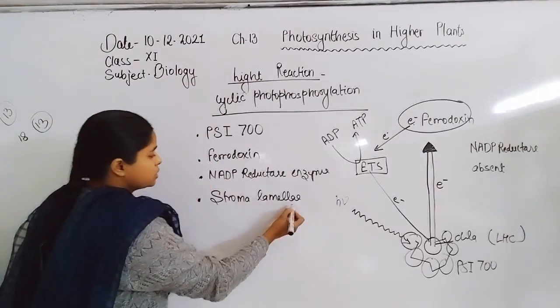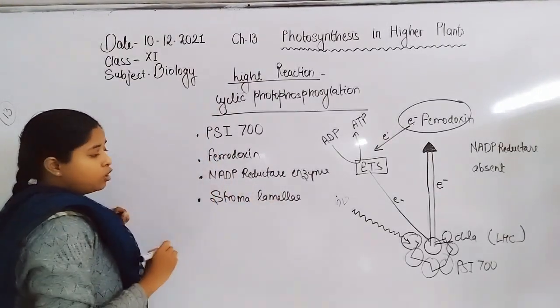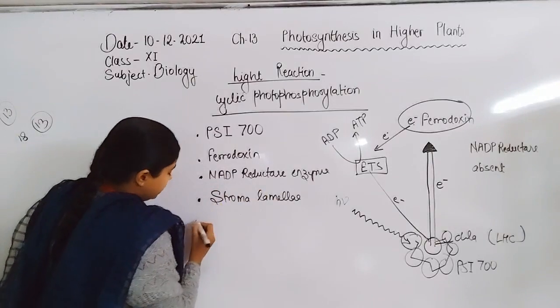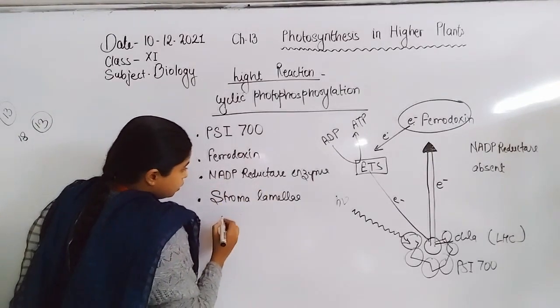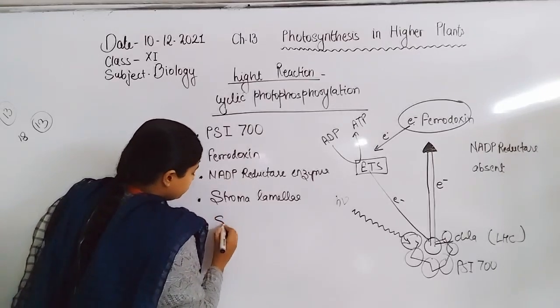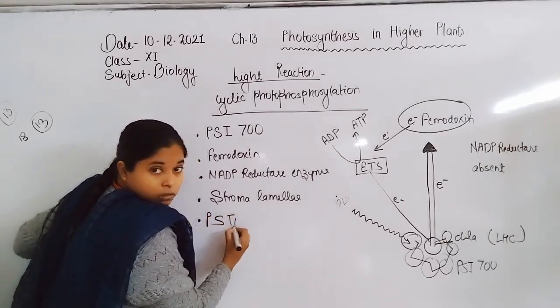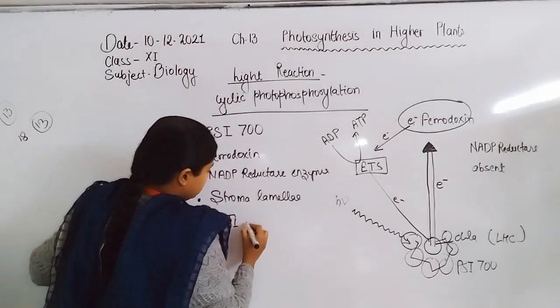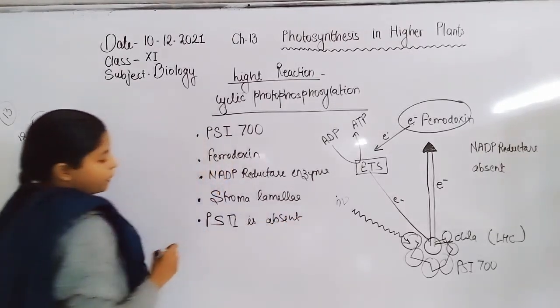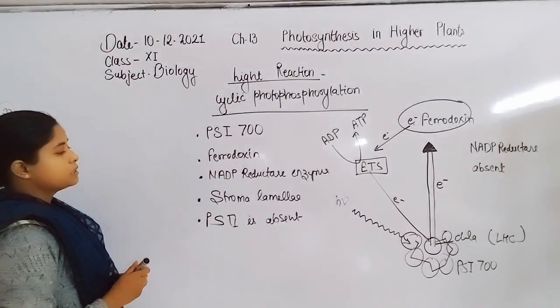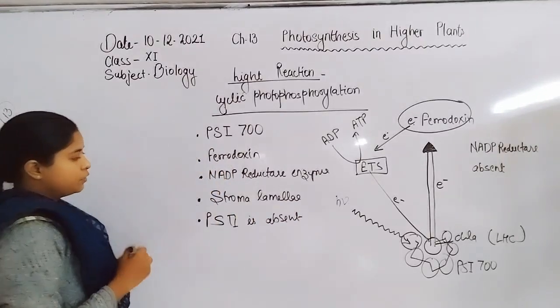So these are the important points about cyclic photophosphorylation. First, it takes place in stroma lamellae. The second point is that photosystem II is absent in cyclic photophosphorylation.